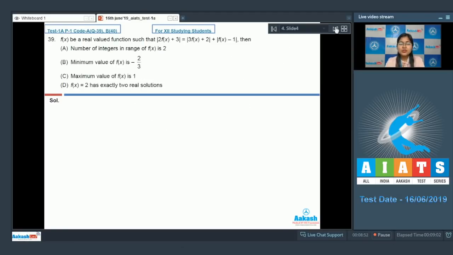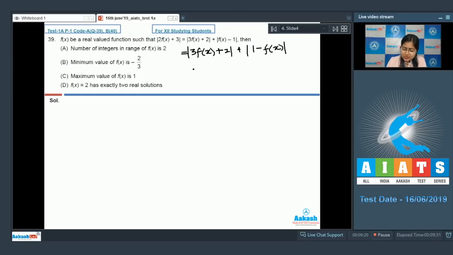Next is question number 39, which says that f(x) be a real valued function such that modulus of 2 times f(x) plus 3 is equal to modulus of 3 times f(x) plus 2 plus modulus of f(x) minus 1. Right? So if we write the right hand side as mod of 3 times f(x) plus 2, plus this can be written as modulus of 1 minus f(x) also, right?